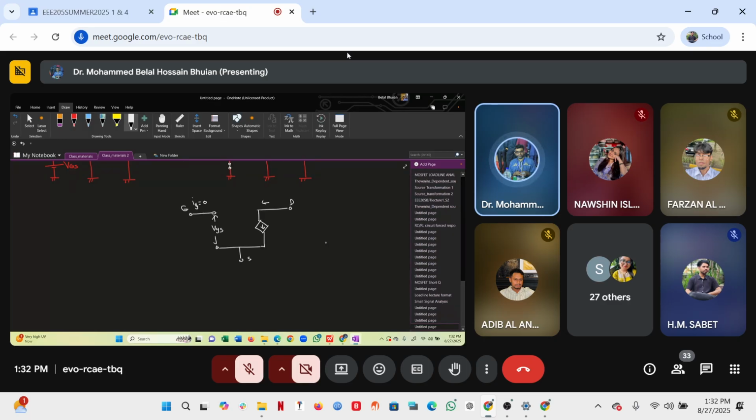The current is id, and id equals gm vgs. So that's how we can model it.